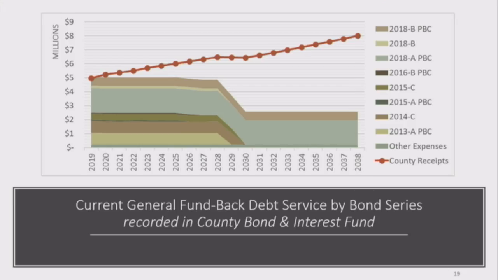So then the next graph is the county debt service fund. Same graph, this is the county bond issues that are already outstanding, and the revenue projections that we have also built in at 2.9%.